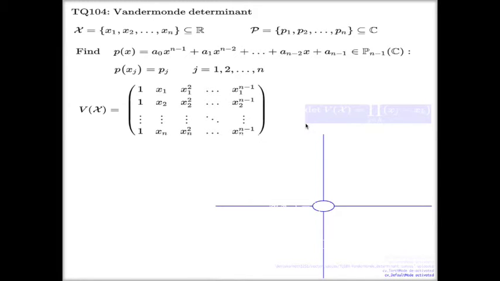Instead, I will try to find the exact value for the determinant of this huge n times n matrix. Okay? The method we have from the first semester of finding determinants is called row decomposition or column decomposition. Do you remember the method? What does it say? We choose a row or a column, and I'll choose the first row, and then you do this. You take the first element, you cross out the column of that element, you cross out the row of that element, and you multiply by the determinant of the size one less.